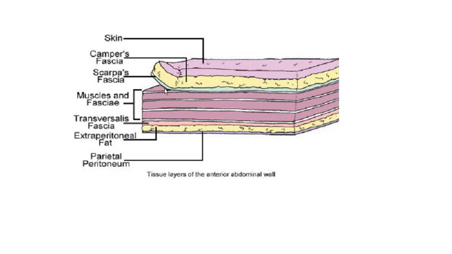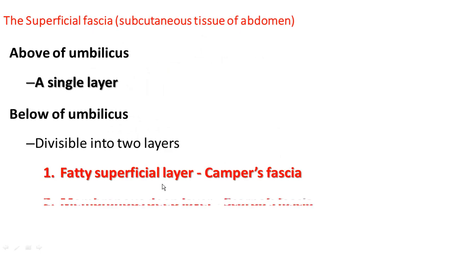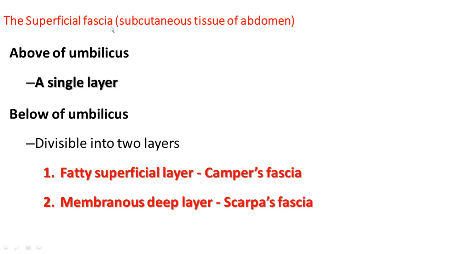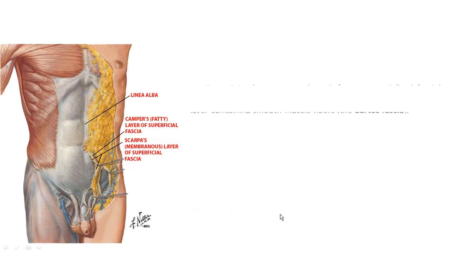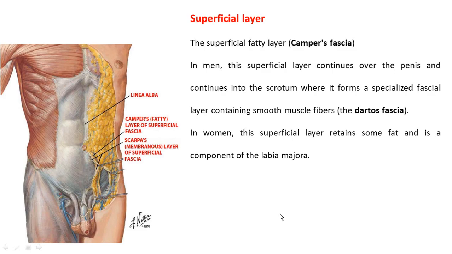In this slide, we summarize the layers of superficial fascia. Above the umbilicus, we have a single layer of superficial fascia, but below the umbilicus, we have two layers: the fatty superficial layer as Camper's fascia and the membranous deep layer as Scarpa's fascia.